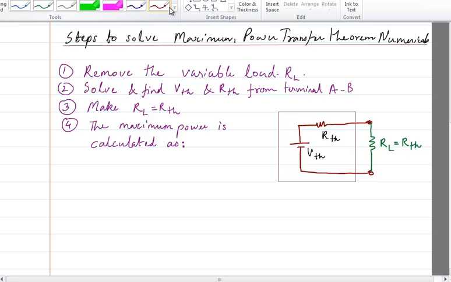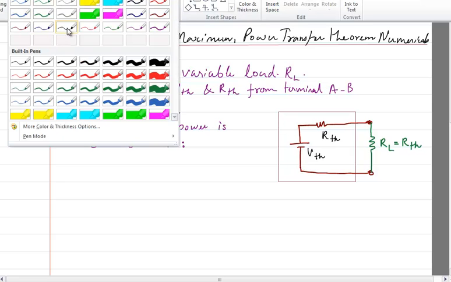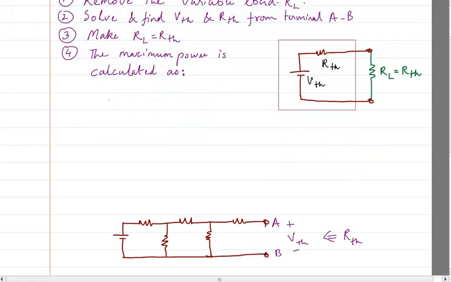We all know that the power we calculate is generally given by P, power, is equal to the current squared times resistance. Suppose the current I am going to draw here as some load current IL. So the power is going to be IL square into RL, where RL is actually your RTH.